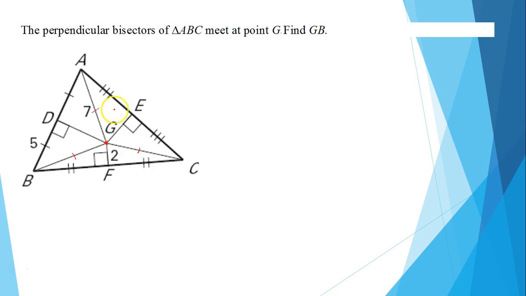So if AG is 7, then BG is going to be 7, and we're done. Also, if we're asked to find CG, CG is equal to BG, which is equal to AG. All of them are equal to 7. And that's it for this one.